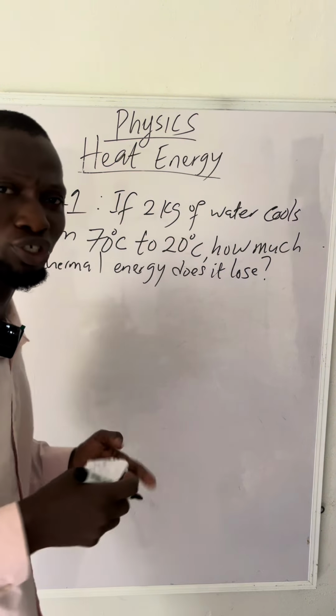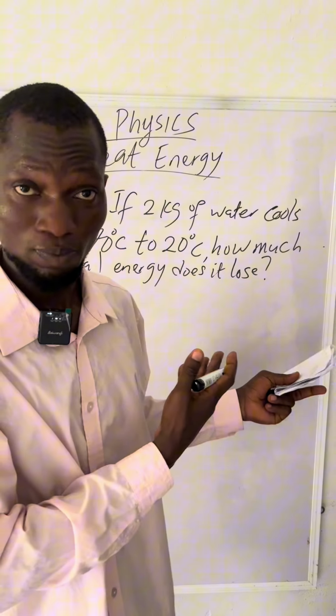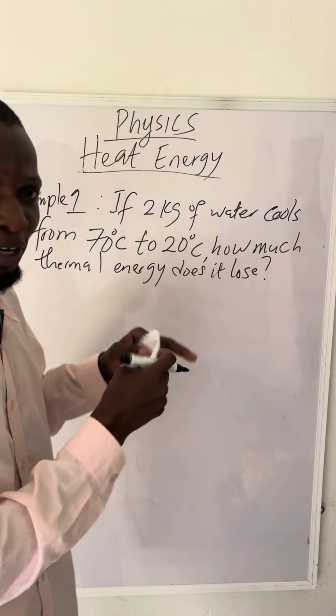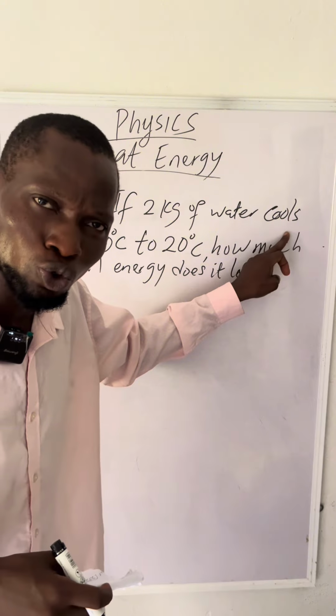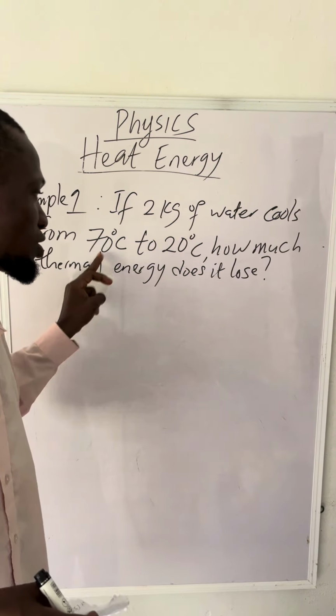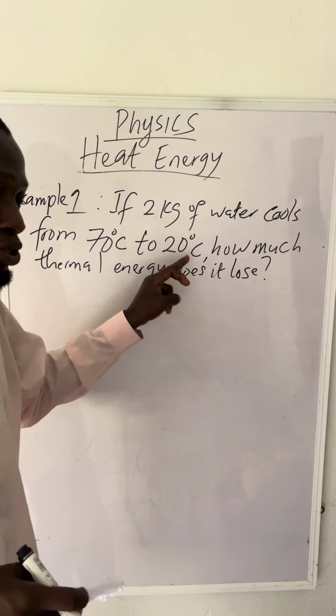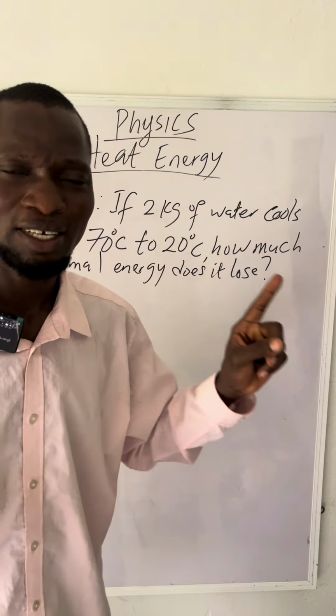So this is the question. If 2 kilograms of water cools from 70 degrees Celsius to 20 degrees Celsius, how much thermal energy does it lose?